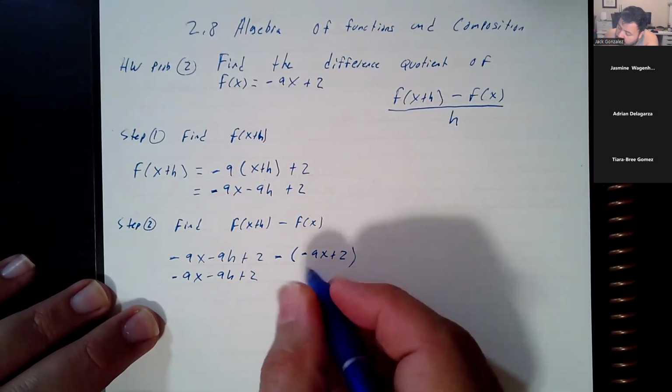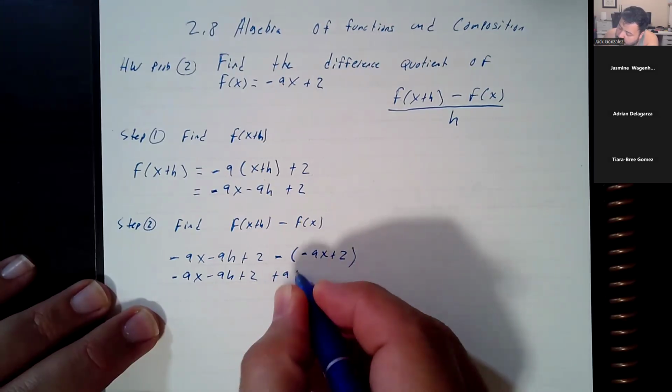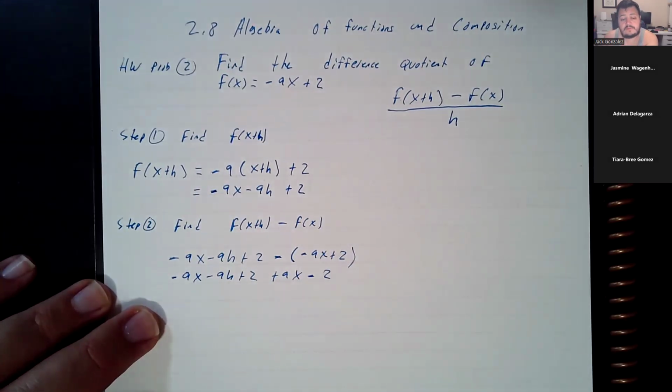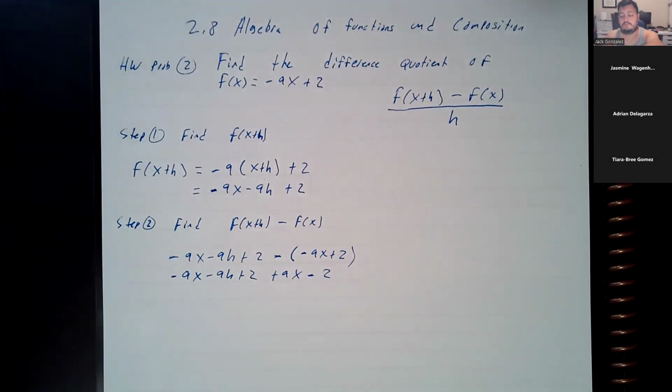To distribute your negative, double negative is a plus. Negative becomes 2, positive becomes negative 2. You guys cool with the algebra so far? Is that okay?